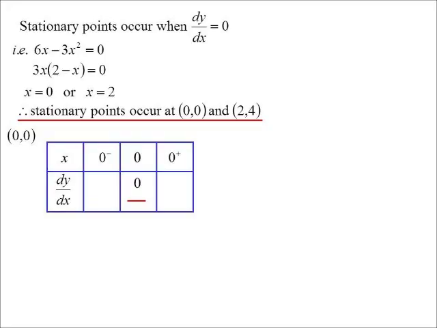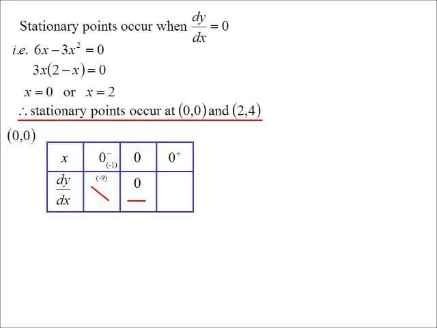So on the left-hand side, I could pick any point I like. There are no more stationary points on the left-hand side. But I want to make life easy for myself, so I'm just using -1. And when I sub in -1, I get an answer of -9, so I know the curve's going down at that point, because it's got a negative slope.